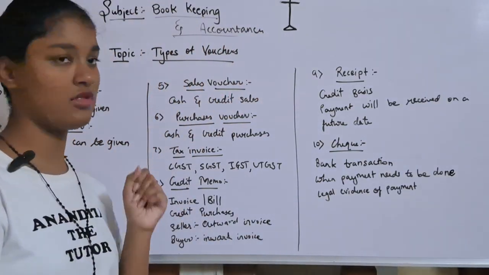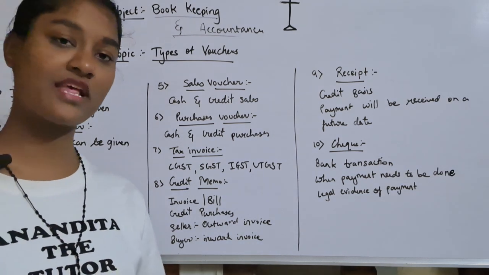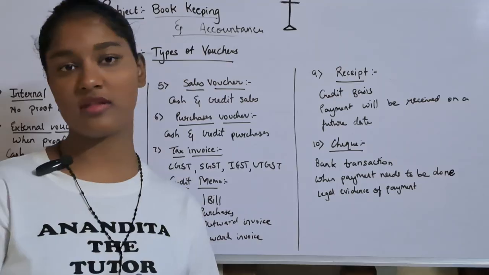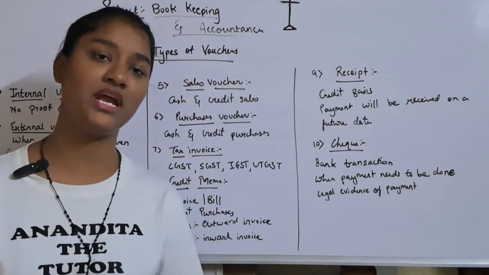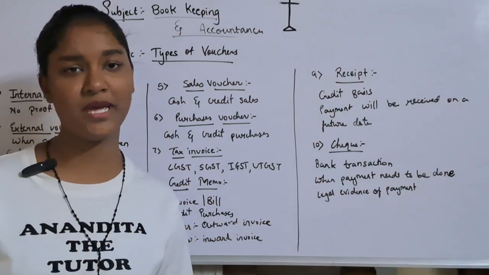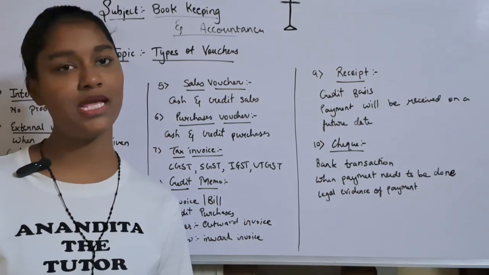Now there's the sales voucher. A sales voucher is given when there are sales. These sales can be cash sales or credit sales. Cash sales are when the money is paid immediately. For example, you go to a stationery shop and you buy a pen, the 10 rupees for the pen you will pay immediately.